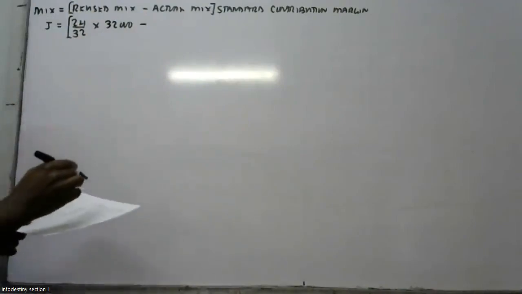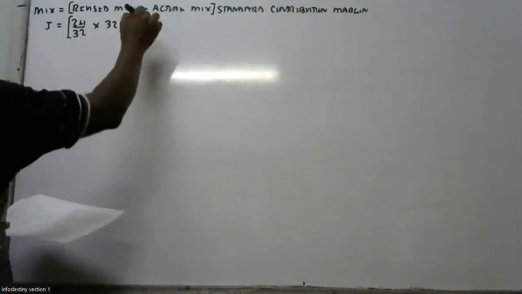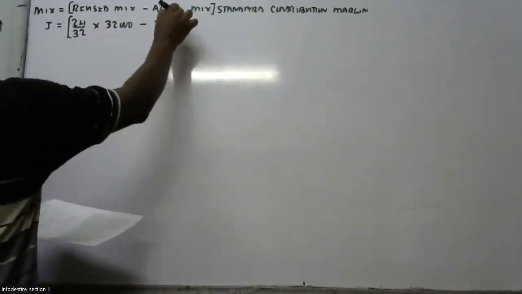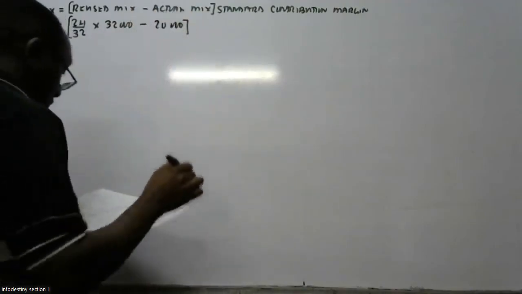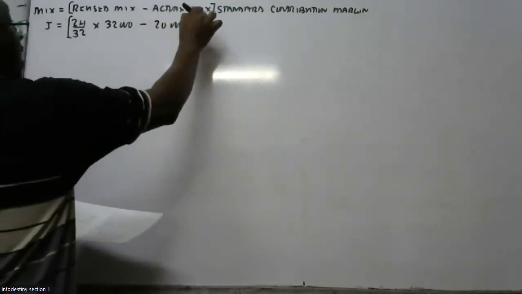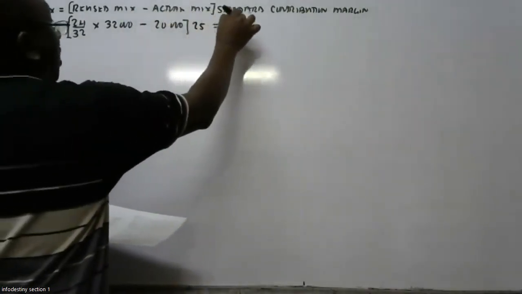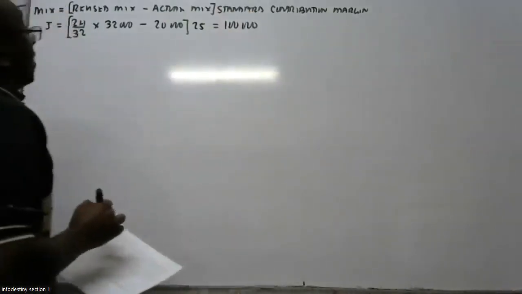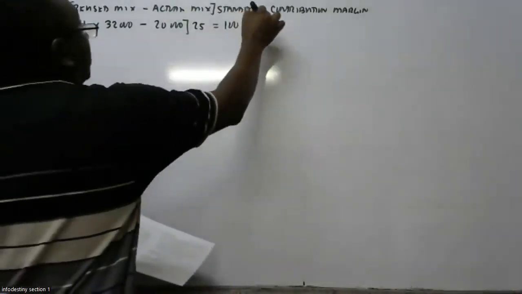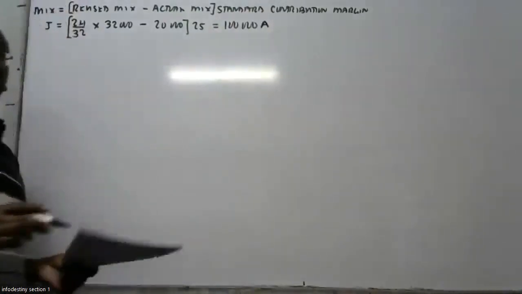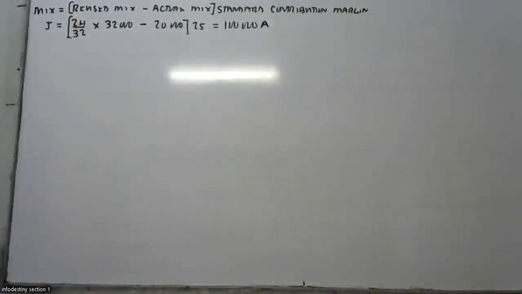So you minus the actual, which is 20,000. And the standard contribution margin we had gotten is 25. So this takes us back to 100,000. And this is adverse, because we got smaller than what we thought we could get.